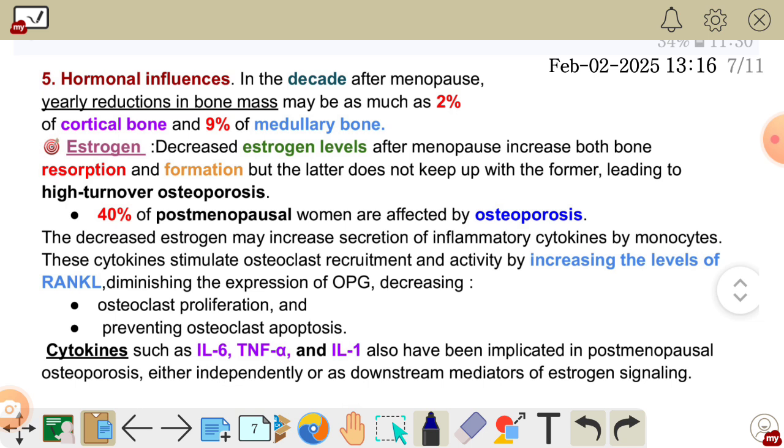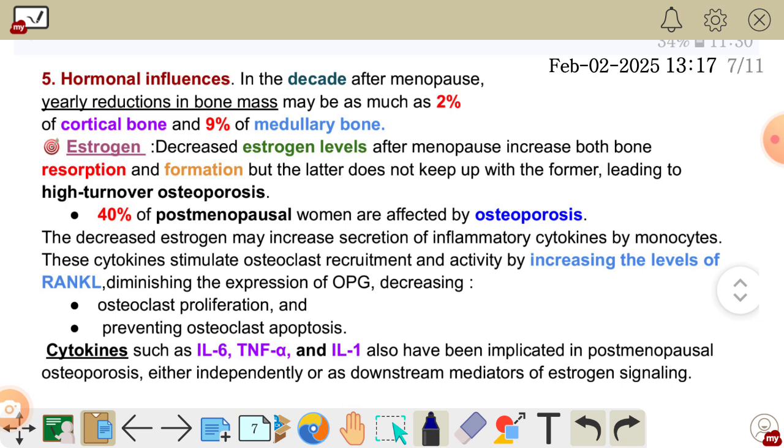Instead of forming the bone, they resorb the bone. So if they are activated by these cytokines, which are produced due to reduced estrogen concentration, the bone density will reduce.